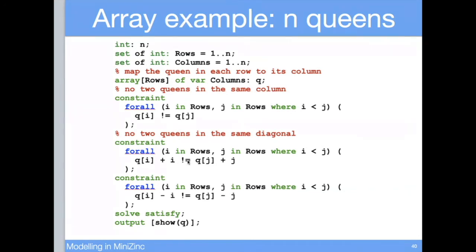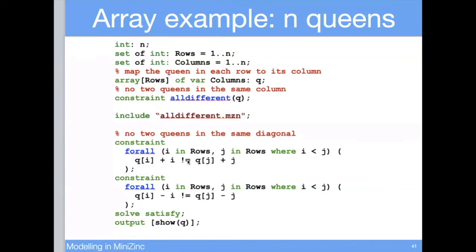If we think about it, well, this is an all different constraint, right? So we're saying for each of the columns you pick for the Queens in each row, they all have to be different. So no two Queens can be in the same column, right? And here we've got the include alldifferent.mzn. Otherwise, if we don't do that, we're going to get an error message saying, I don't know what all different means. Okay.